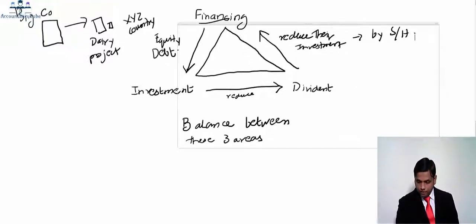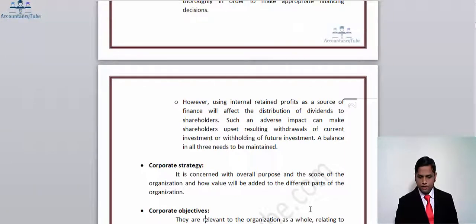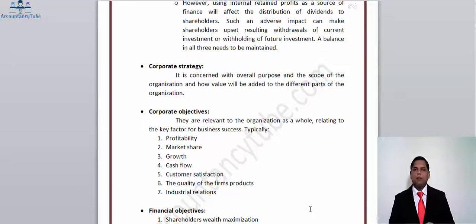Now, after that, if we come back to our notes, the next topic is corporate strategy. All businesses have corporate strategies. Let's read out loud. It's concerned with the overall purpose and the scope of the organization and how value will be added to the different parts of the organization.